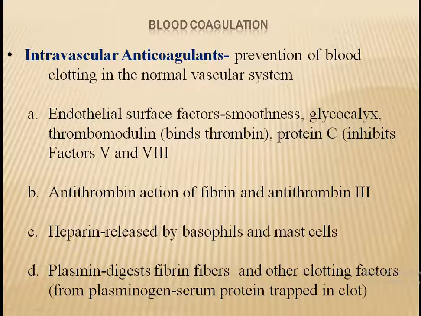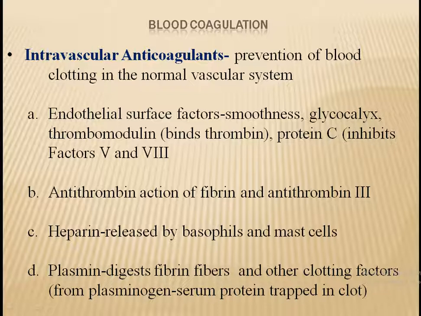Normally, the endothelial surface factors, the most important being the smoothness of the wall and the glycocalyx, and thrombomodulin, which binds thrombin, and protein C, which inhibits factors 5 and 8.